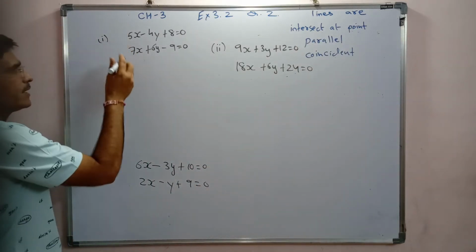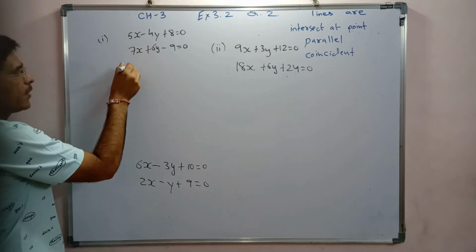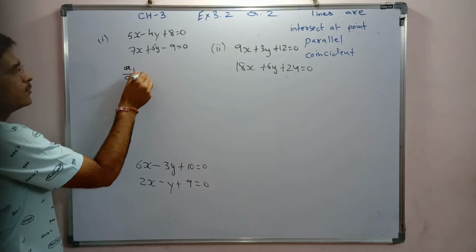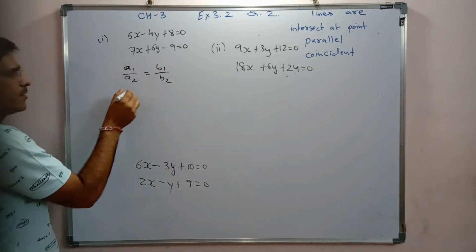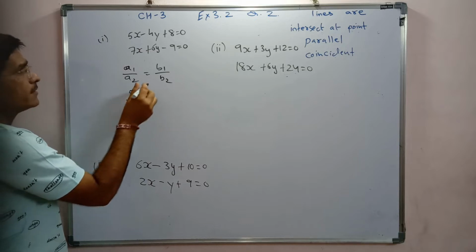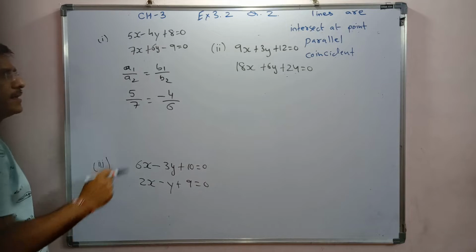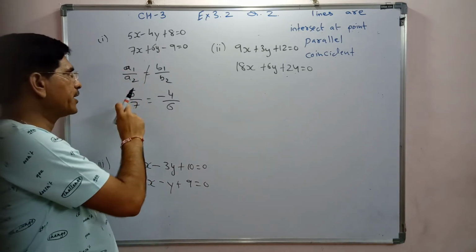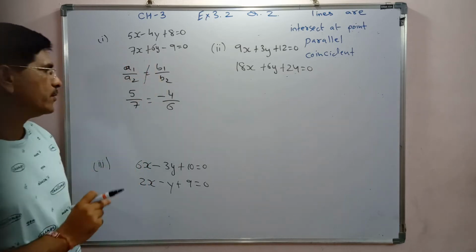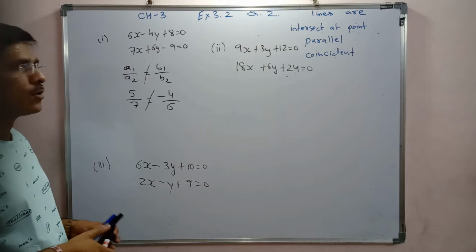First of all we find a1 upon a2, b1 upon b2. 5 upon 7 is not equal to minus 4 upon 6. It means a1 upon a2 is not equal to b1 upon b2.